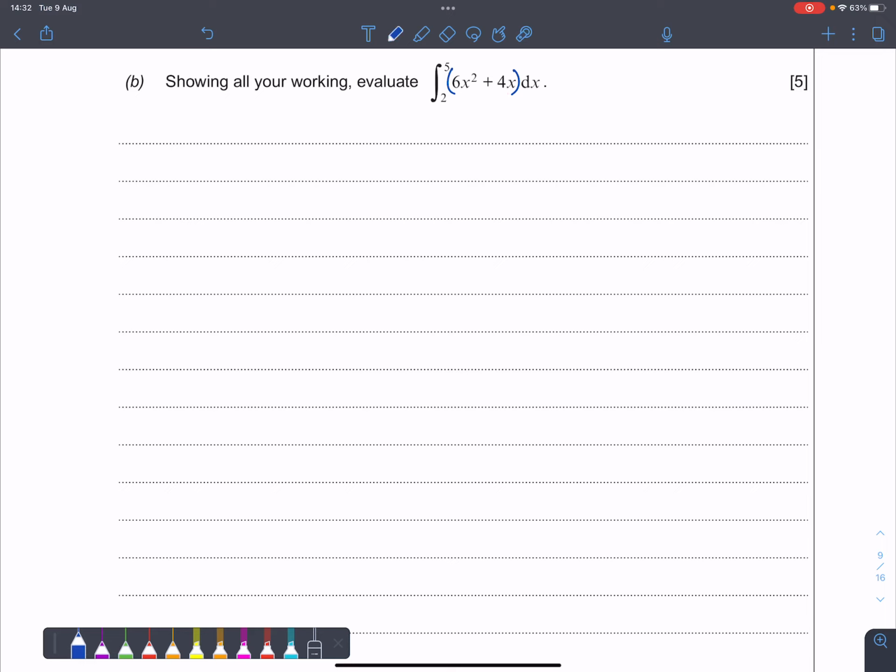So first things first, I'm going to integrate. If I take my first term, I get 6 times, well, x squared integrates to a third x cubed. 6 thirds are 2, so the first one is 2x cubed.